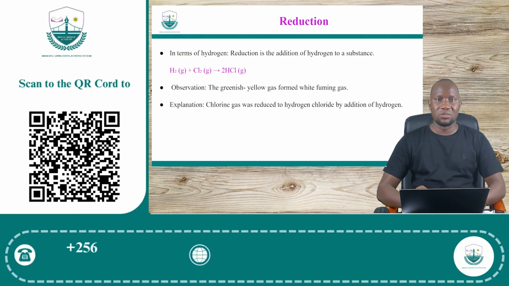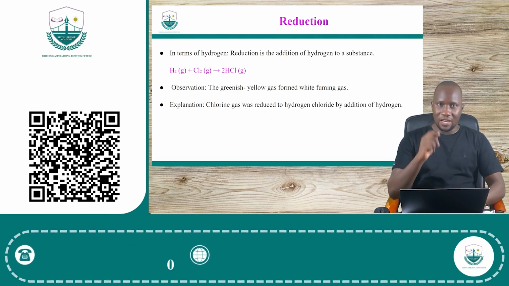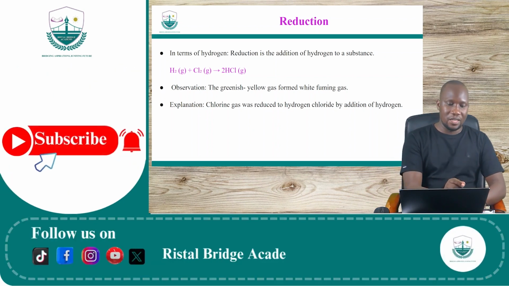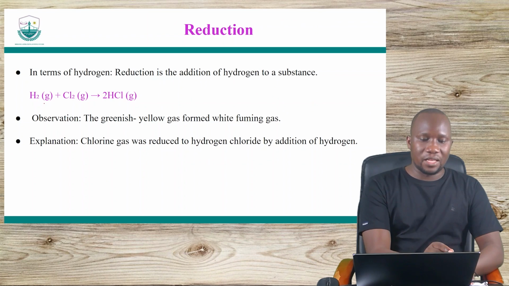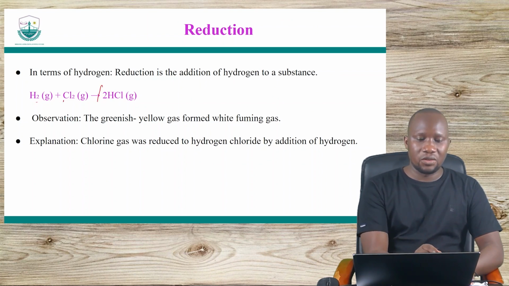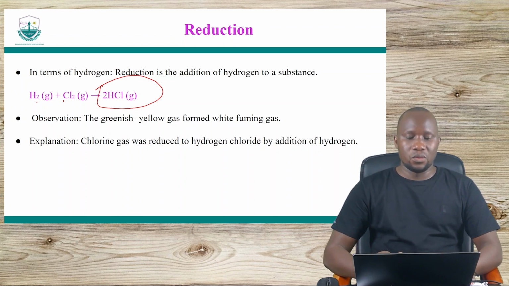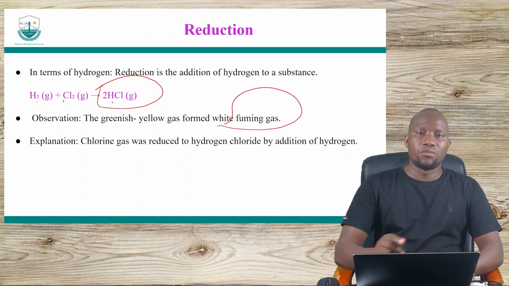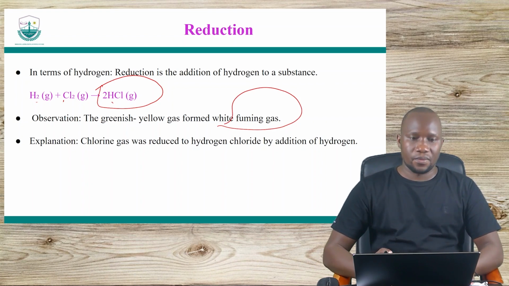What about reduction in terms of hydrogen? Add hydrogen to a substance, it gets reduced. We saw that with chlorine. So here we are saying that when you add hydrogen to this chlorine, you get hydrogen chloride gas, which is actually greenish yellow. The greenish yellow gas transforms into the white fumes of hydrogen chloride.